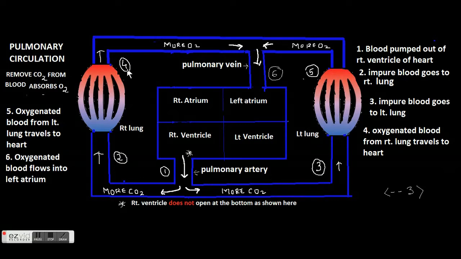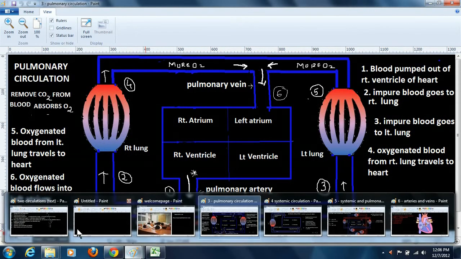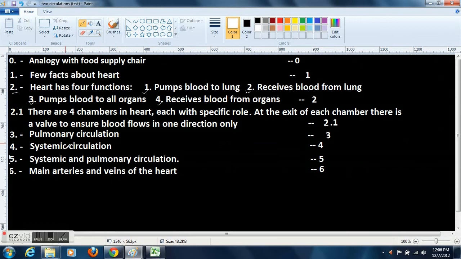So all this pure blood from lungs falls into the left atrium. So this is what pulmonary circulation is all about. The purpose of it is that oxygen is absorbed and carbon dioxide is removed, and the two chambers involved in pulmonary circulation are the right ventricle and left atrium. These two chambers are responsible for pulmonary circulation.